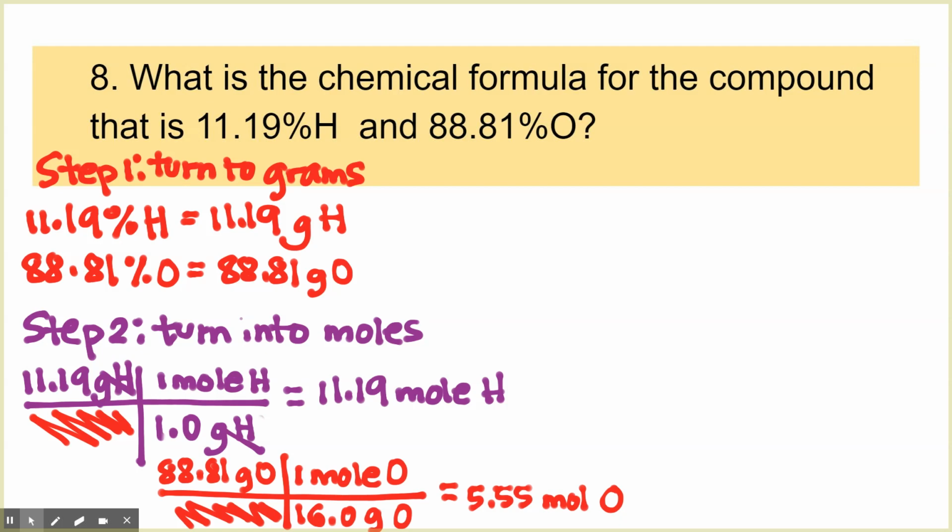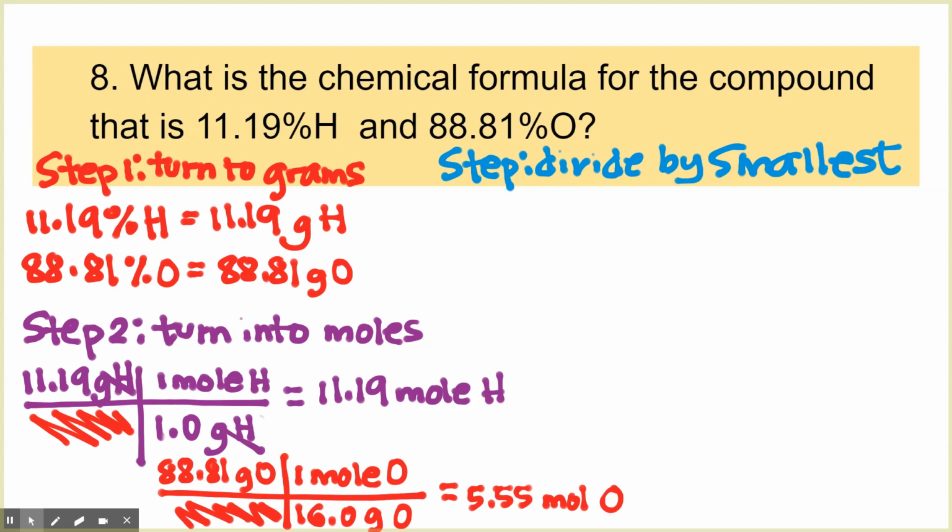Step 3: divide by the smallest answer. Let's write it down. Our answer for H was 11.19, and our answer for O was 5.55.